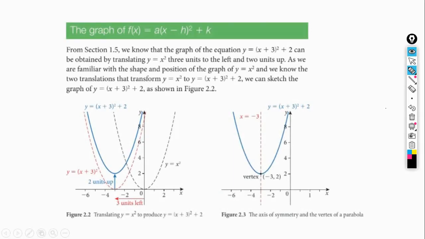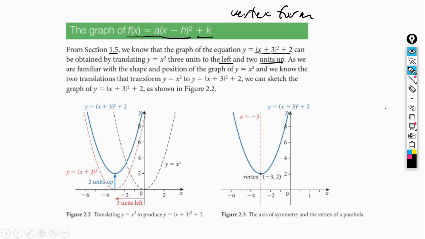On the next slide, you're going to find something that says the graph of f of x equals a times x minus h squared plus k. This is also known as the vertex form of the parabola. From section 1.5, we know that the graph of the equation y equals (x plus 3) squared plus 2 can be obtained by translating y equals x squared 3 units to the left and 2 units up.